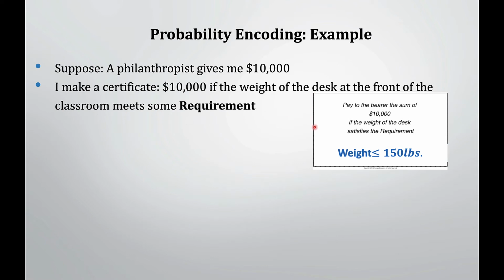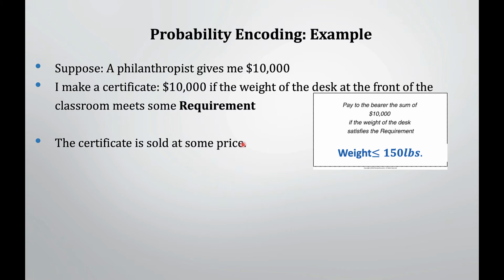So you can imagine this as a piece of paper where I promise to pay the person who has this certificate $10,000, provided that the weight of the desk at the front of the classroom meets some requirement. Here, the requirement is that the weight of the desk is less than or equal to 150 pounds. You need to pay for this certificate at some price.